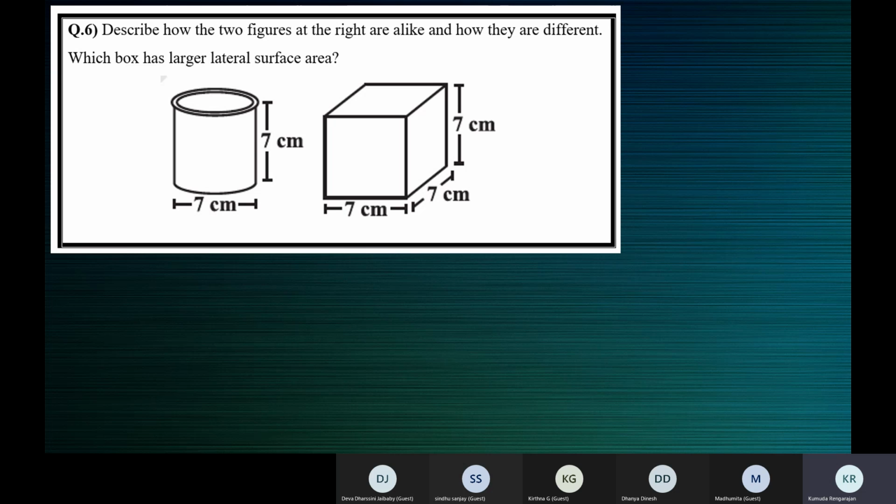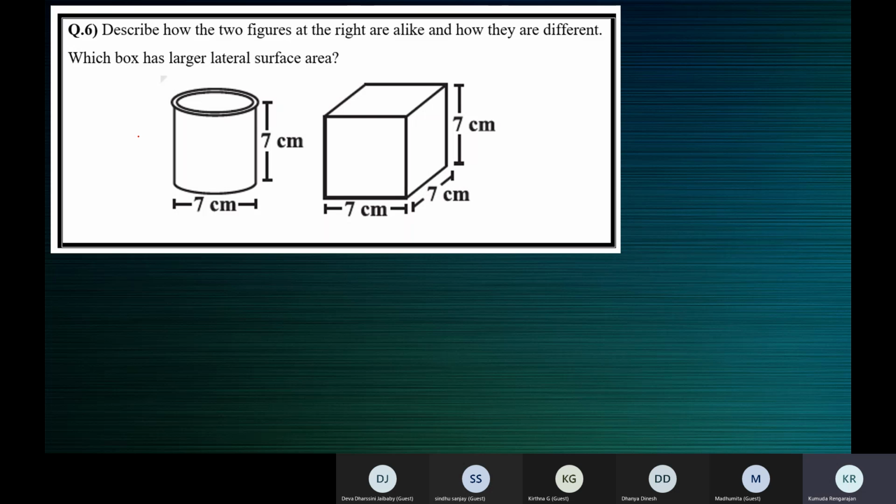Children, don't recall what you've learned in school. Have we discussed it here in this class? Yes, ma'am, we've discussed it in the class. Okay, fine. So the curved surface area is 2 pi r h.